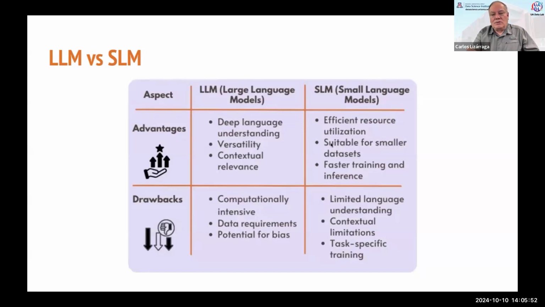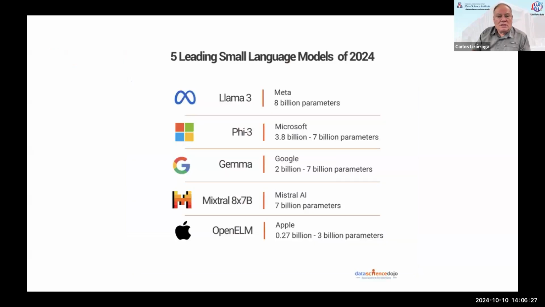Compared with the small language models, you have more efficient resource utilization. It's suitable for smaller data sets, and it's also faster to train. The drawbacks are that it has some limited language understanding, some contextual limitations, and is only good for task-specific training. It requires less computational resources, so there are some advantages.